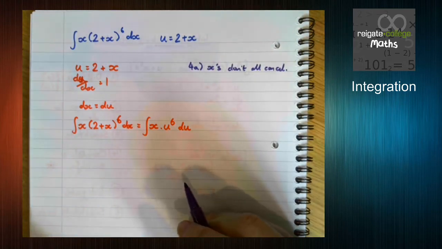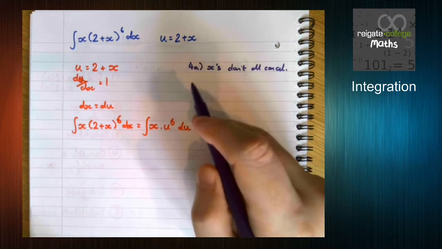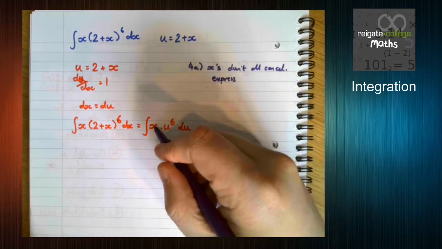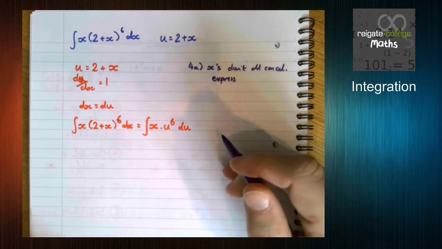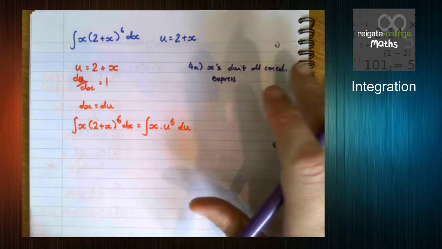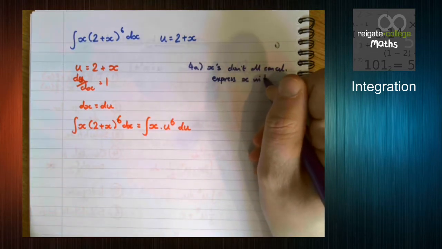What we do in this case is we then look at how we can write this in terms of u. Express x, or whatever's left. And this kind of step might need to be a little bit flexible.